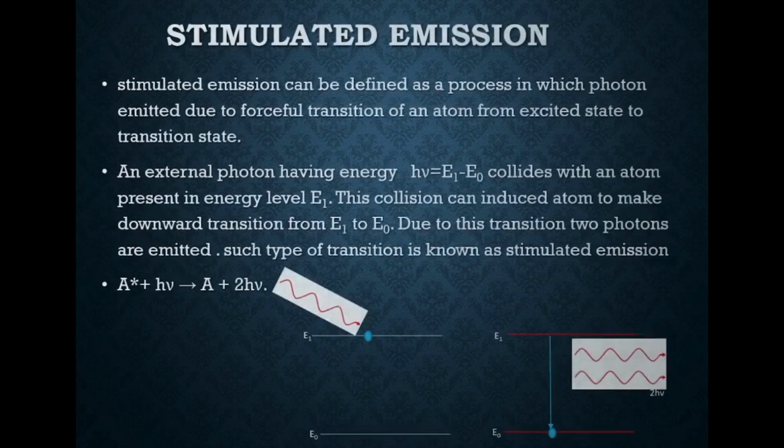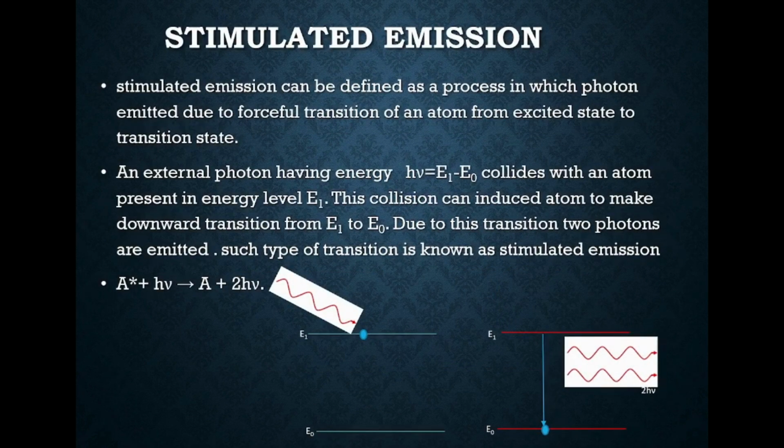The third one is stimulated emission. Stimulated emission can be defined as the process in which a photon is emitted due to forceful transition of an atom from the excited state to the ground state.